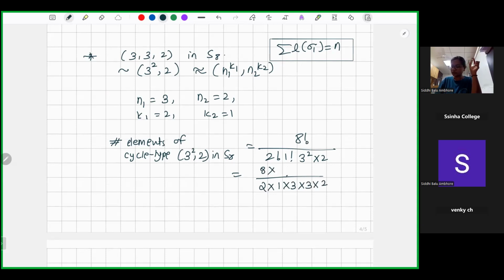Let me write this completely: 8, 7, 6, 5, 4, 3. When I'm doing this, I'm getting rid of this 3, this 3, this 6, and this 2. So this is 8 into 7 into 5 into 4.